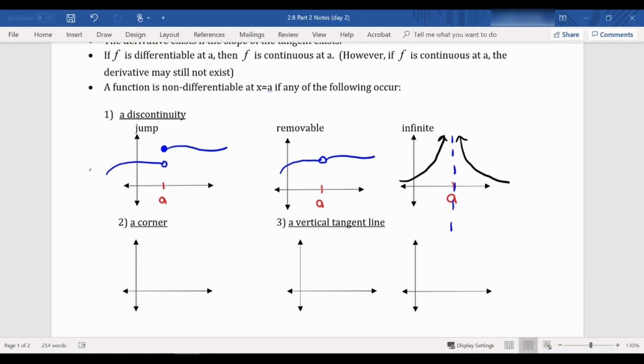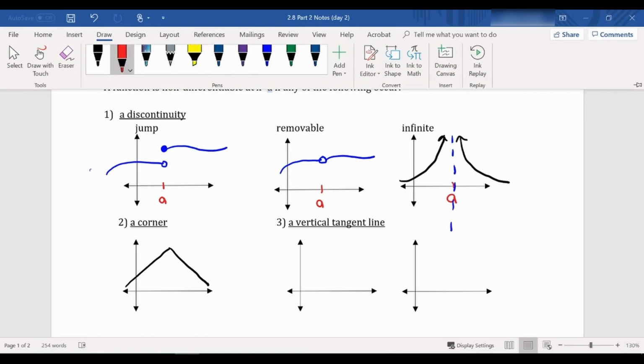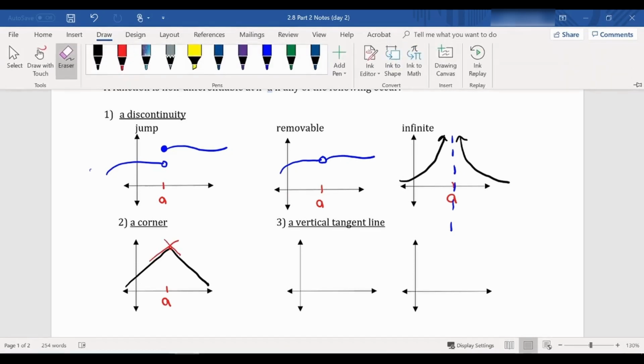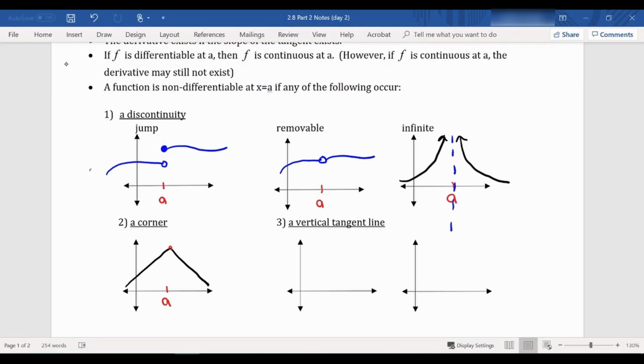The other two that are new are a corner. That's because technically at this point, you're drawing a tangent line in both directions. So this is an example of one that is continuous, but is not differentiable.